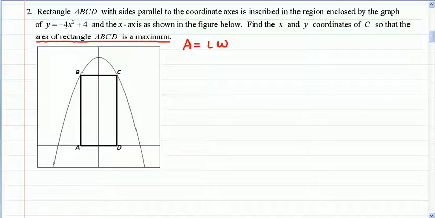The only thing we know about this rectangle is that it is enclosed in the parabola y equals negative 4x squared plus 4.